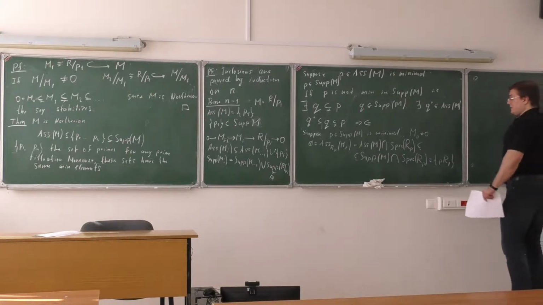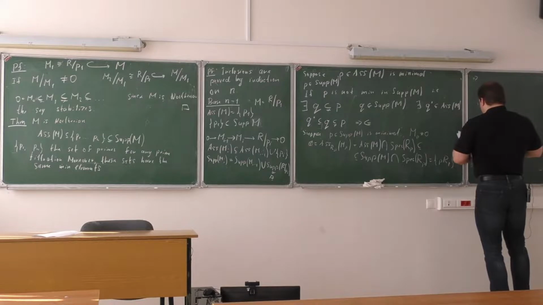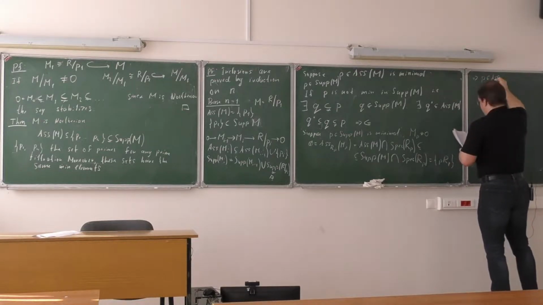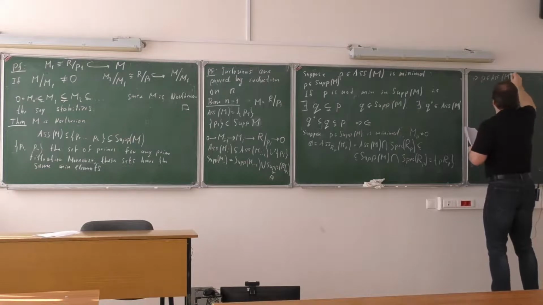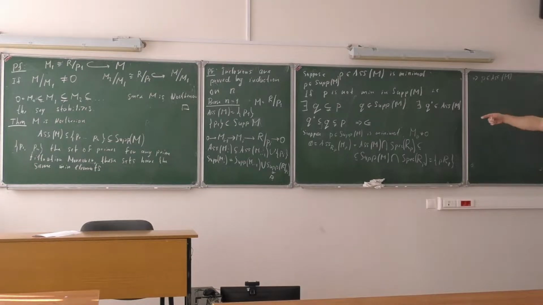So from this we can conclude that P is associated to the M. And the last observation, as you said, is completely clear. If you know that this minimal element belongs to the associated primes, this stays minimal because it's just a subset.